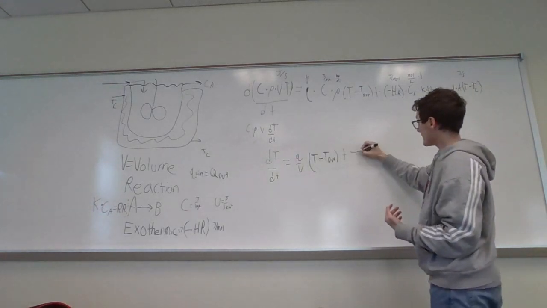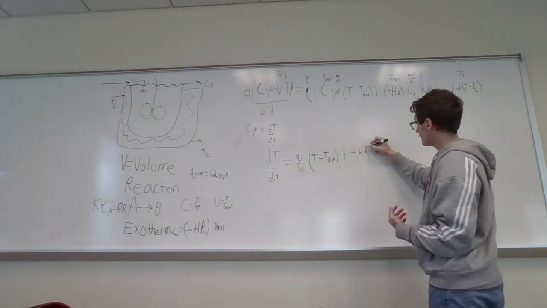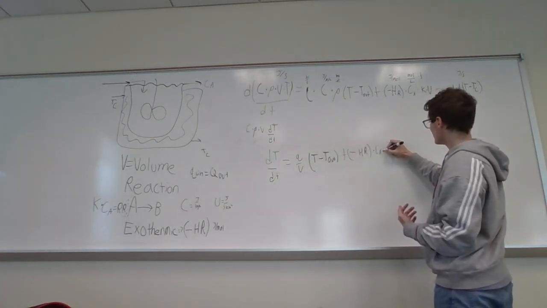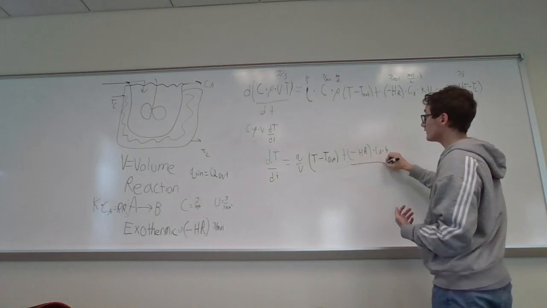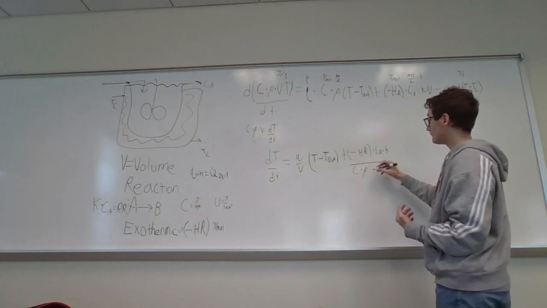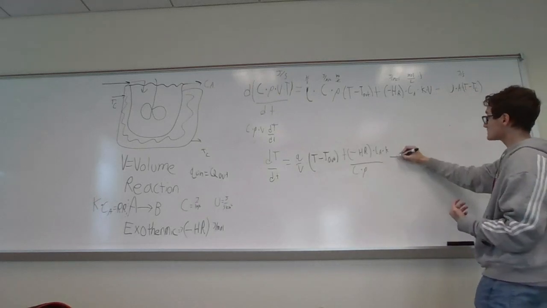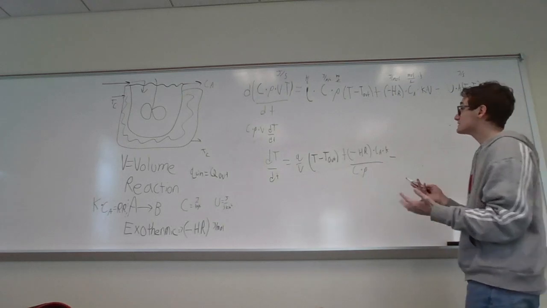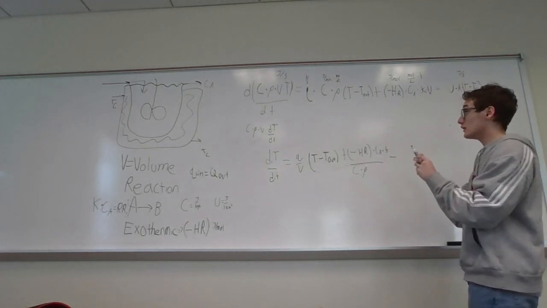We have negative HR times CA times K over C times rho. Now we're going to subtract, as there's nothing on this term that specifically cancels out. Well, in units it might cancel out, but in just full-on terms it doesn't.